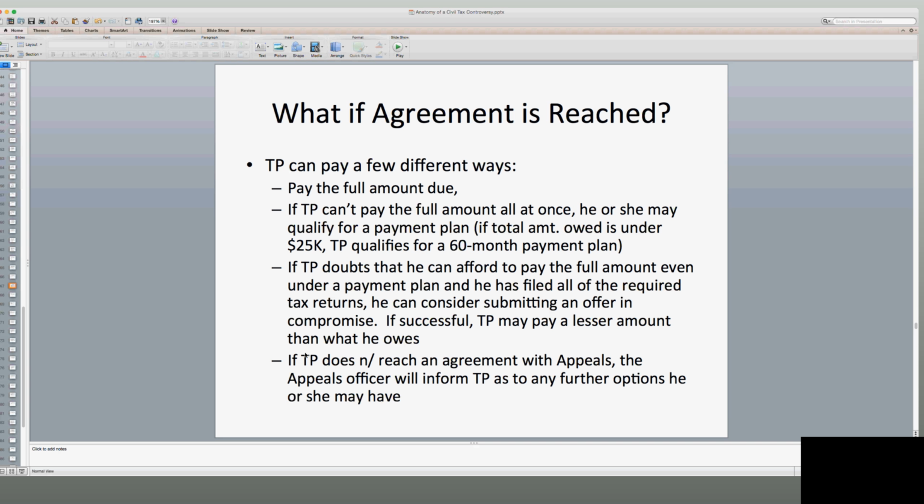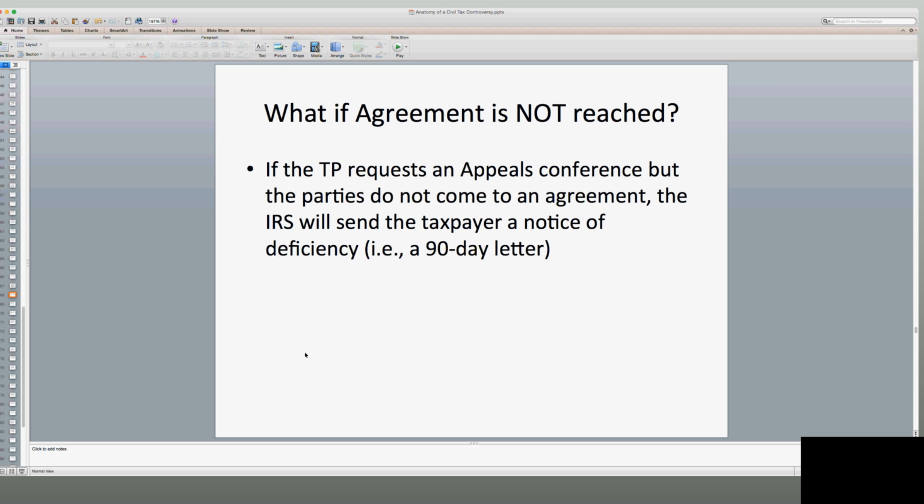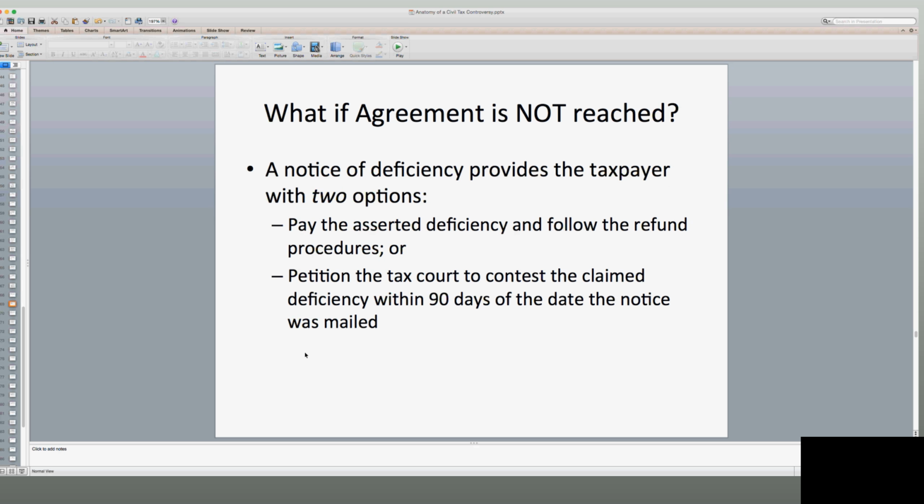If the taxpayer does not reach an agreement with appeals, the appeals officer will inform the taxpayer as to any further options he or she may have. If the taxpayer requests an appeals conference and the parties don't come to an agreement, the IRS will send the taxpayer a notice of deficiency.